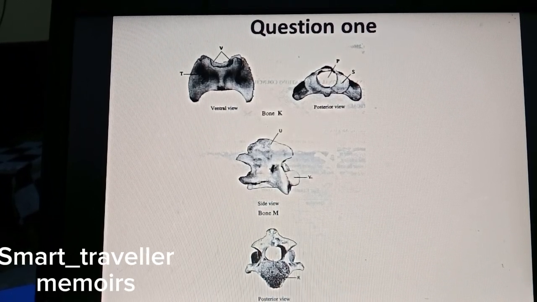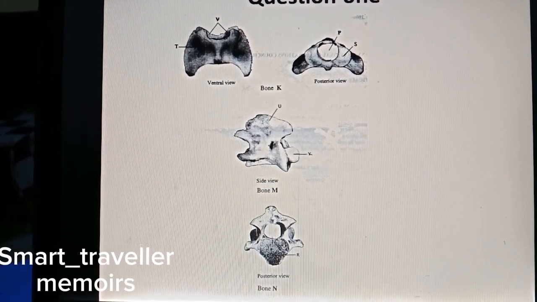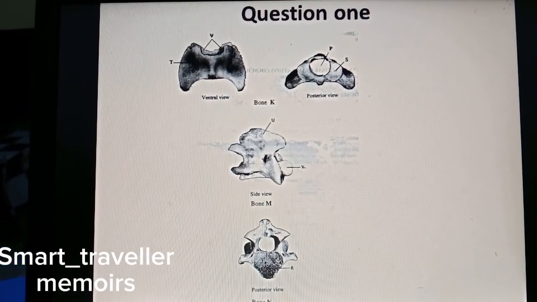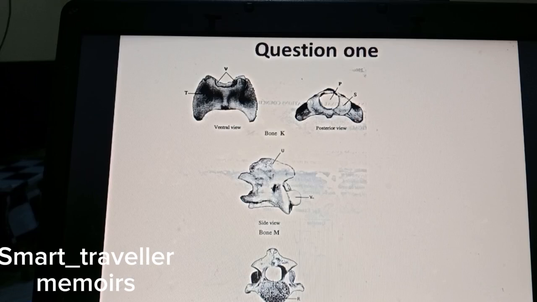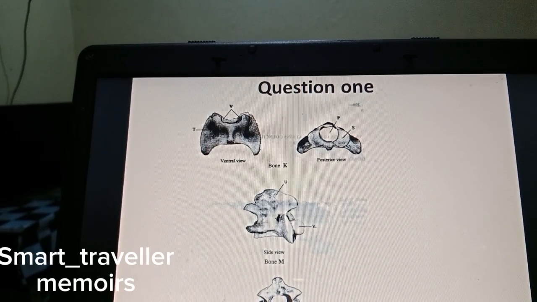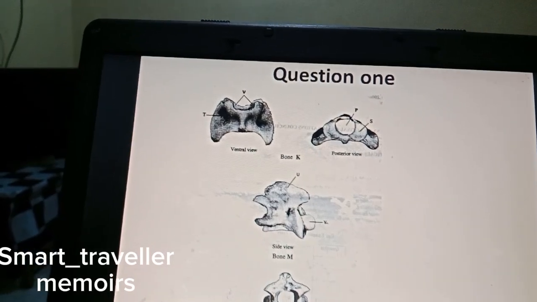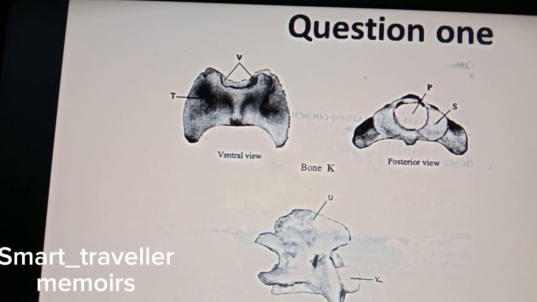Bone M, side view. Bone N, posterior view. Okay, so let me try to adjust the camera so that you can see each of the bones very, very clearly.